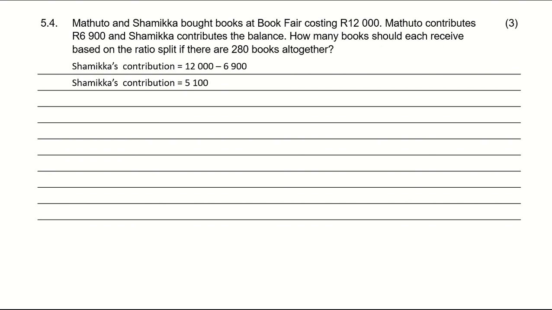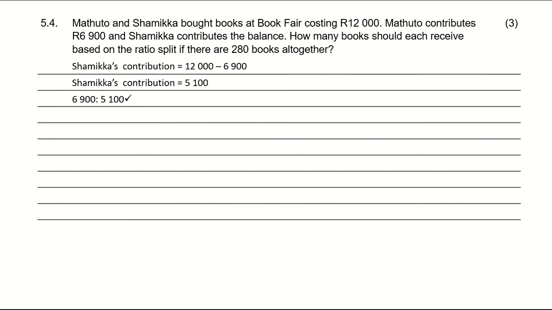Now they ask how many books should each receive based on this ratio split if there are 280 books altogether. Firstly, we'll find the ratio of Matito's contribution to Shamika's contribution. Matito contributed 6,900 and Shamika contributed 5,100.